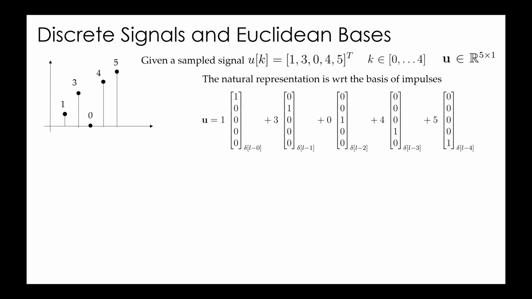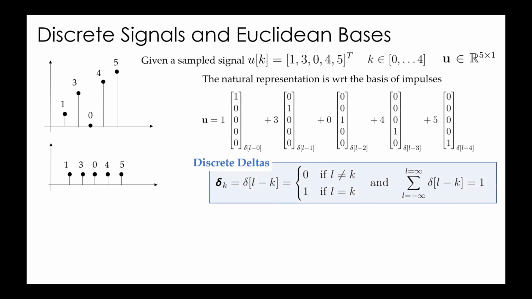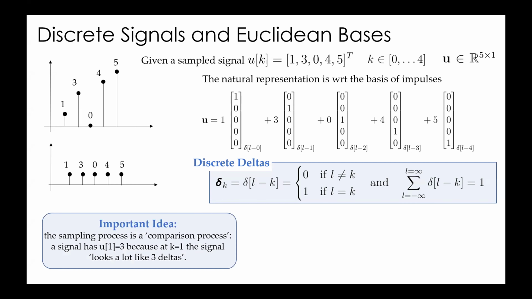If I have, for example, that 3 there, it means that I have 3 times the basis that exists only there and nowhere else. And the basis that exists only in one point and nowhere else is just the Cartesian basis in Euclidean space, or the delta function in continuous space. So the delta function is the natural basis that you use every time you give a signal.